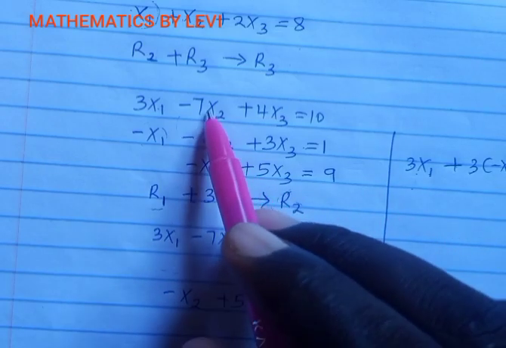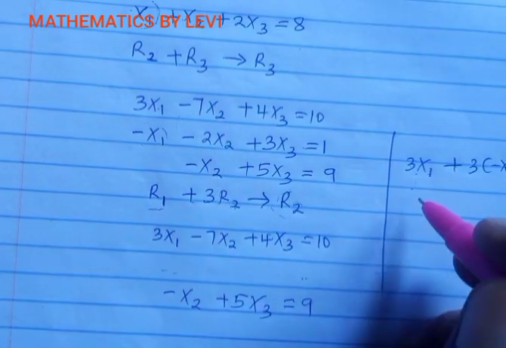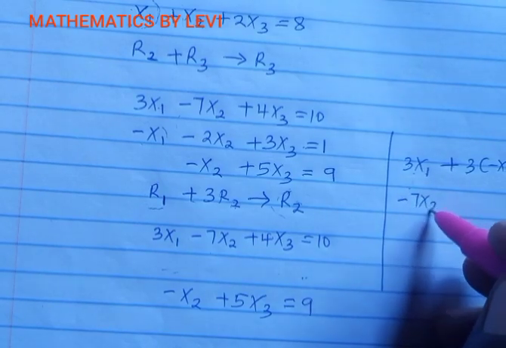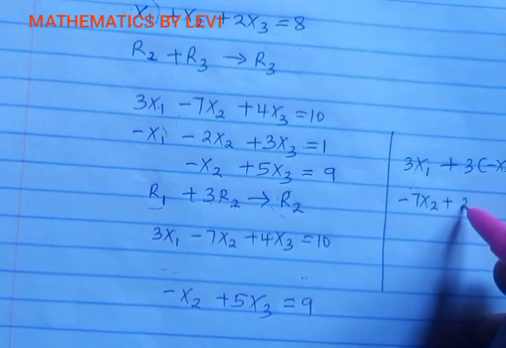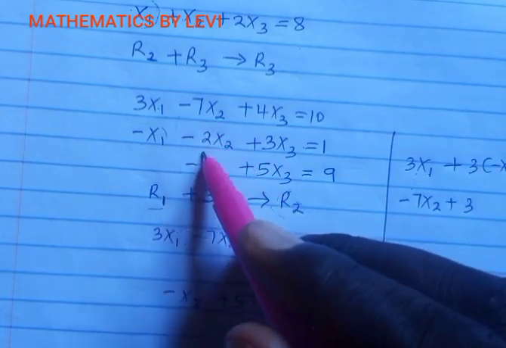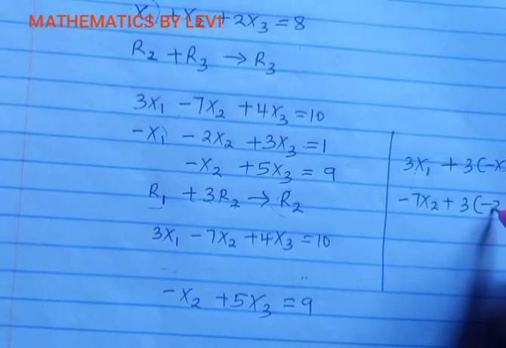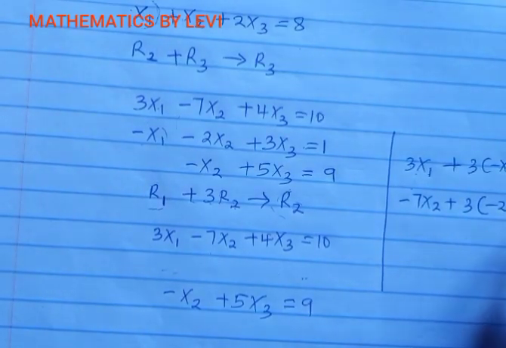Now, also let us go to x2, whereby we shall have row 1, which is negative 7x2, plus 3R2. What is our R2? It is negative 2x2.